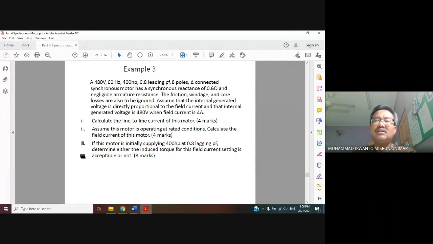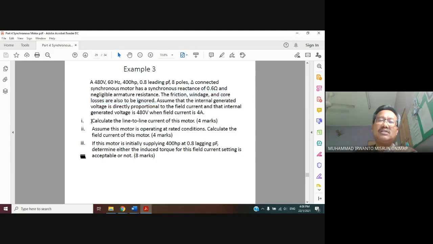Friction, windage, core losses are to be ignored. I think this question helps everyone understand: assume that the overall losses are ignored.